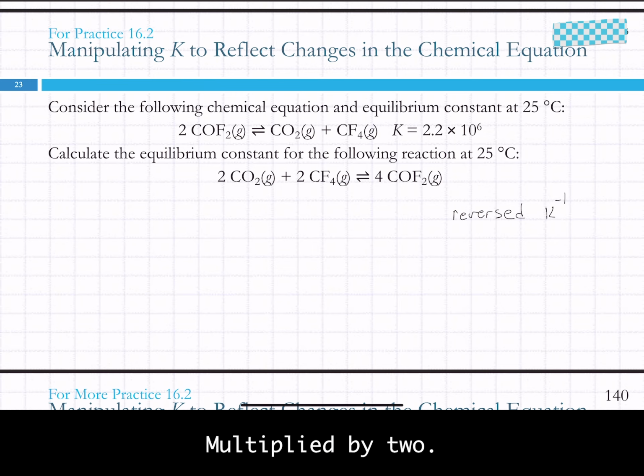Multiplied by 2. Multiplied by 2. So if it's multiplied by 2, what do we do to k?